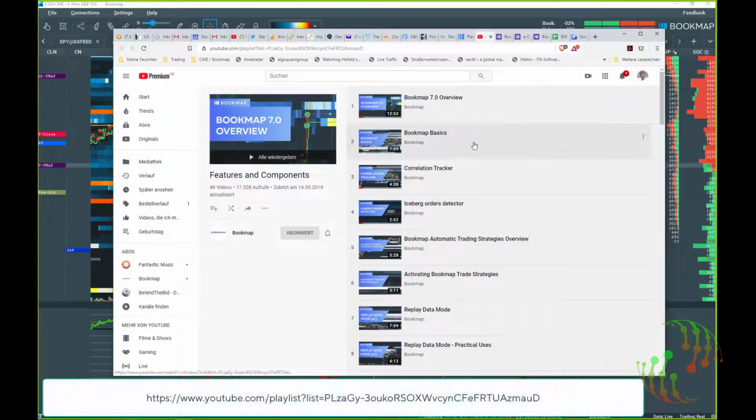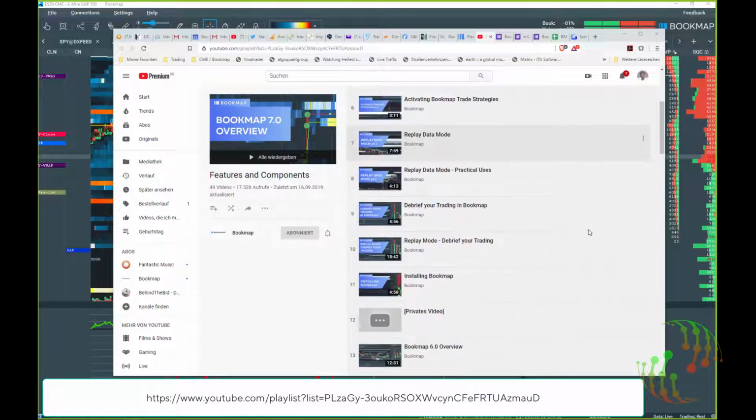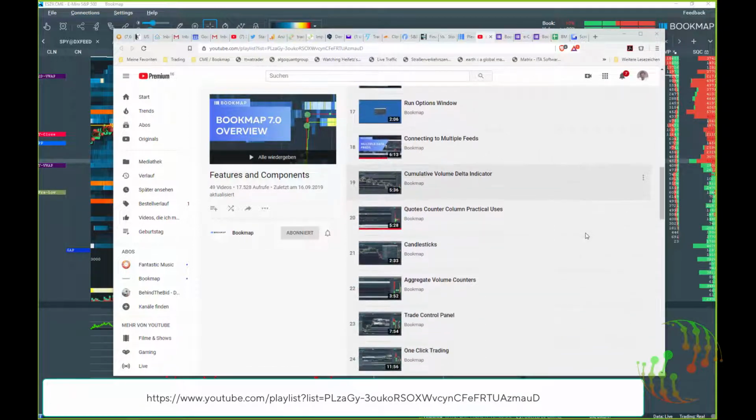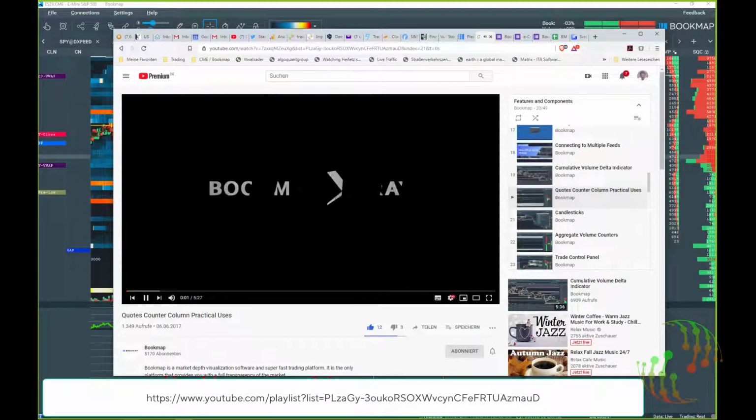I have put this link on the presentation. This link is from my colleague Bruce Pringle, and he described in a few minutes the features and components of Bookmap. One of these features is the quotes counter, practical use.